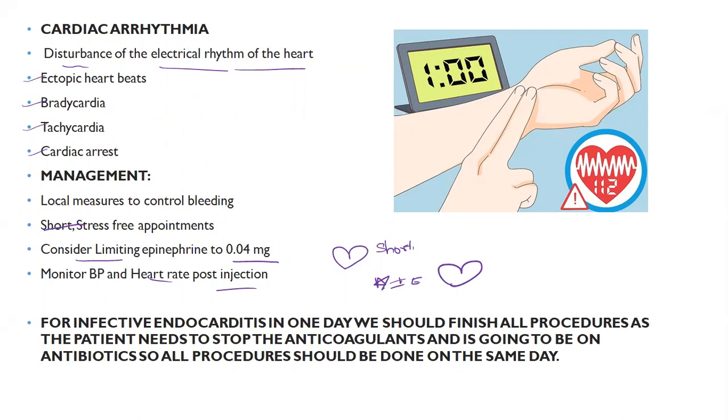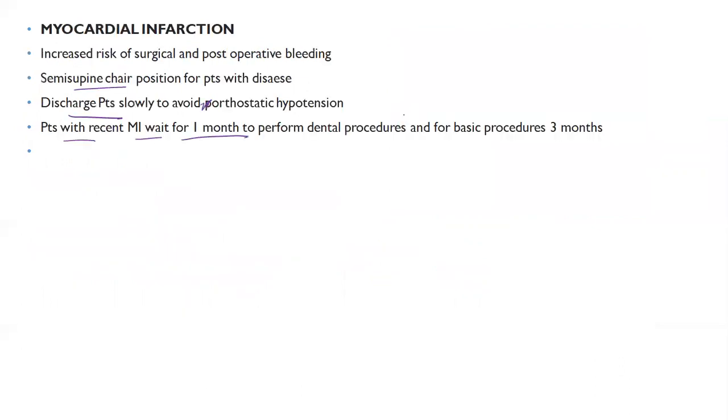In cardiac arrhythmia, you'll see abnormal heart activity, and in these patients, you have to use short appointments and limit epinephrine to 0.04 mg and monitor blood pressure and heart rate. In myocardial infarction, there is an increased chance of surgical and post-op bleeding. Make sure that the patient is in semi-supine position and always discharge patients slowly.